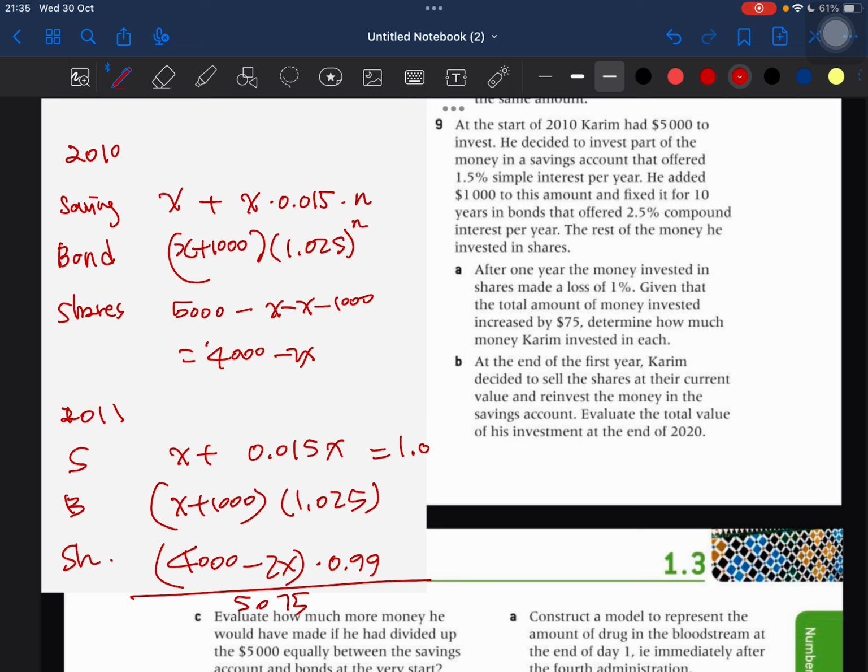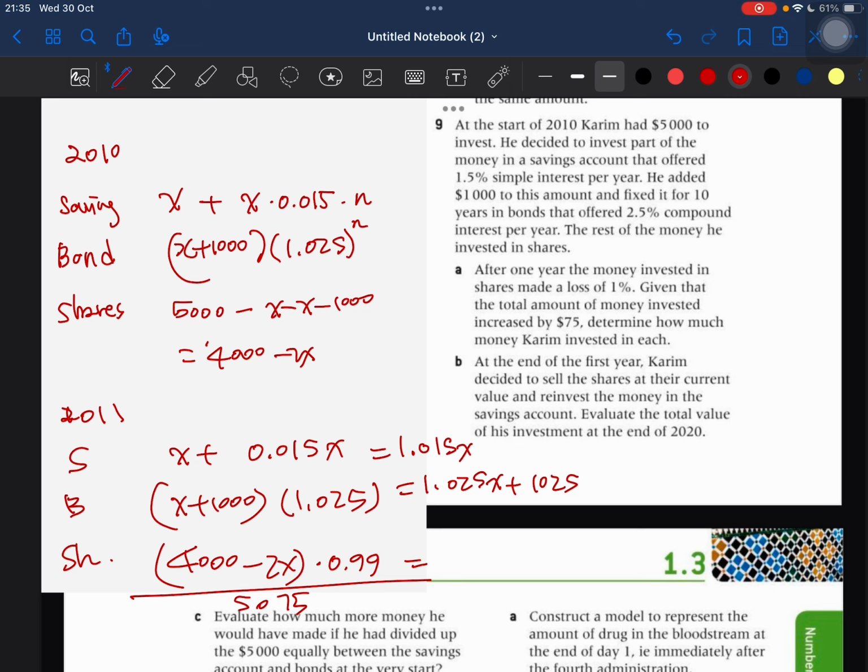So we can calculate it. 1.015x and 1.025x plus 1,025, and just let me calculate it with solver.